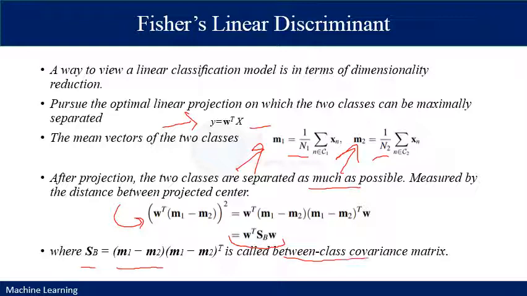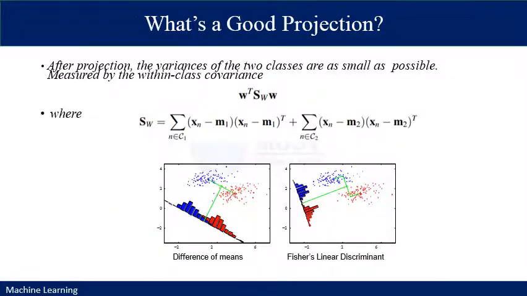Once the two classes are projected as wide apart as possible, the variance within the classes is also measured, which should be as small as possible.